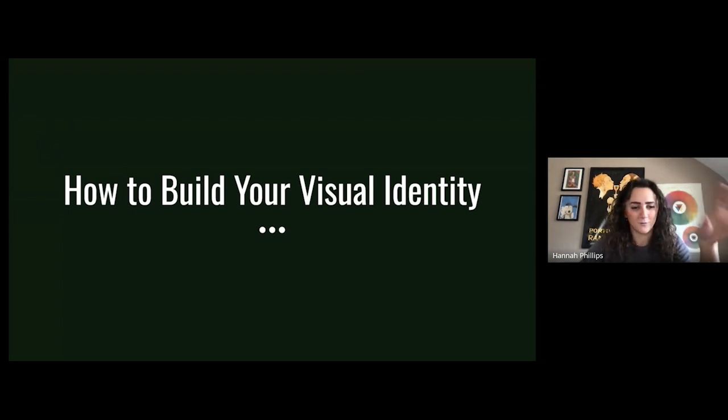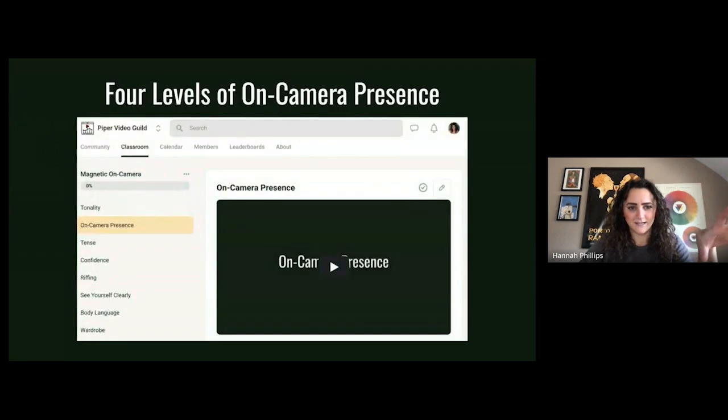Before we actually get into what a visual identity is, about a month ago we had another training on camera presence, which can be found in school, in the classroom, under the magnetic on camera section.